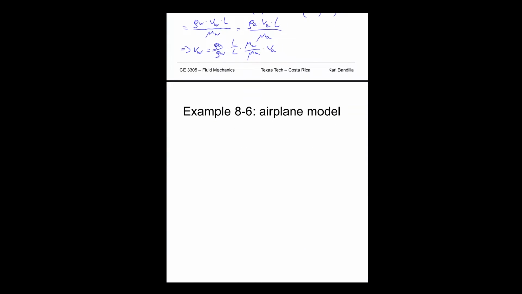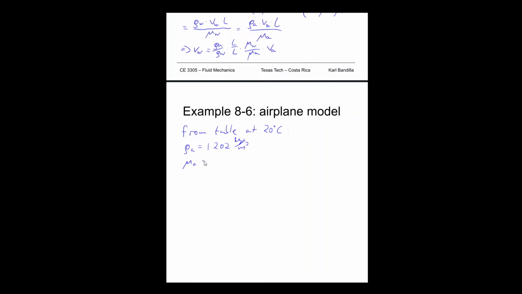We can now look up the values for the viscosity and for the density. We could also go straight to the kinematic viscosity if we wanted to, but here we'll just stick with density and viscosity. From the table at 20 degrees C, rho air is equal to 1.202 kilograms per cubic meter.